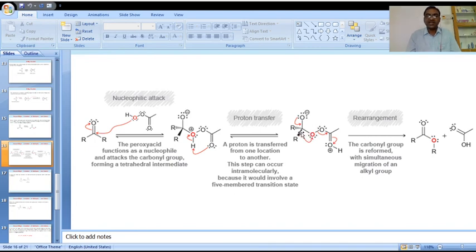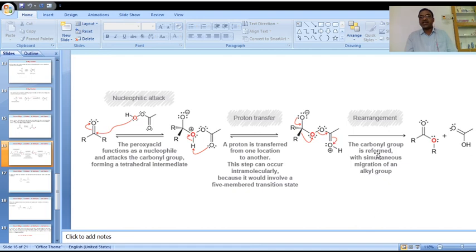One of the alkyl groups migrates to the oxygen side, and immediately the oxygen-oxygen bond cleaves. With cleavage of the pi bond, the oxygen atom gets neutralized and a double bond forms.